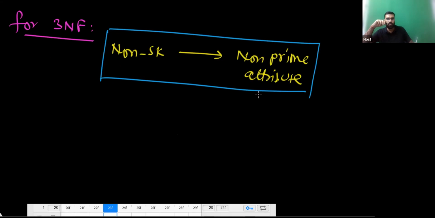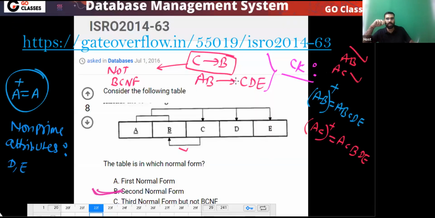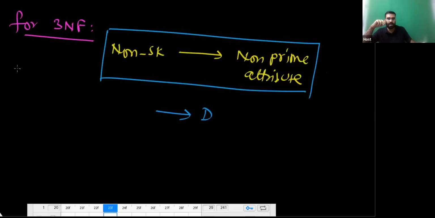Okay, now tell me. So let me take one by one. Like here, non-prime attribute. Let me take, for example, D. Can this D be determined by some non-super key? Okay, just look at this FD set and tell me. This FD set is given to you.